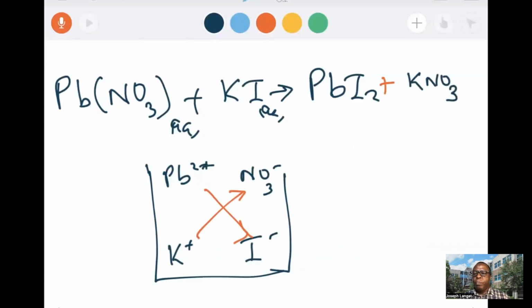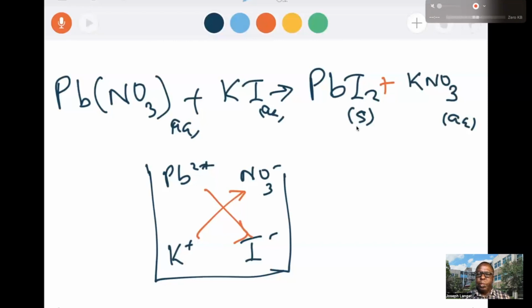From the solubility rules or solubility chart, all nitrates are soluble, so this is going to be aqueous, and this will be solid. Lead(II) iodide is insoluble, and it shows up as a precipitate.